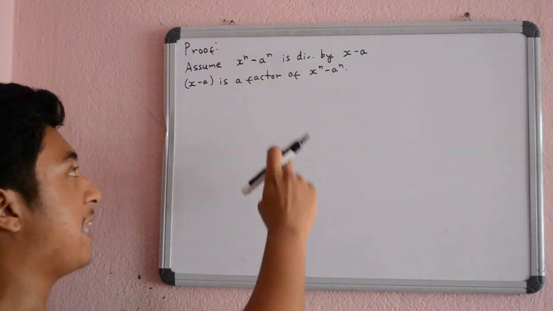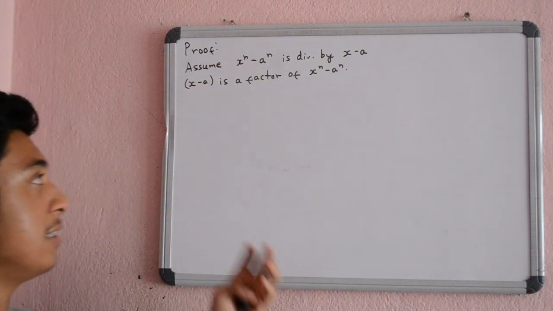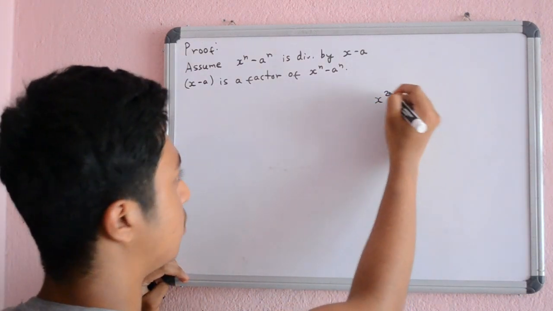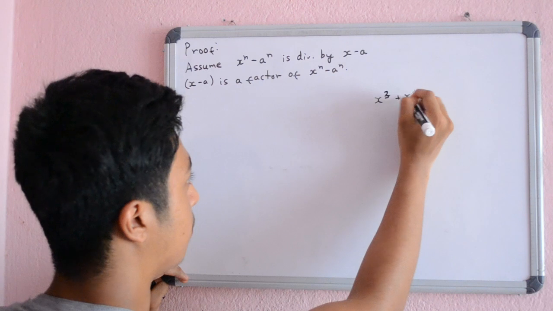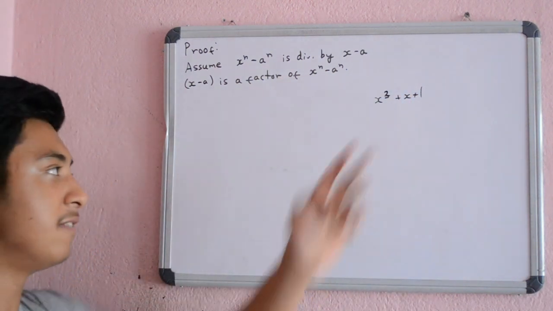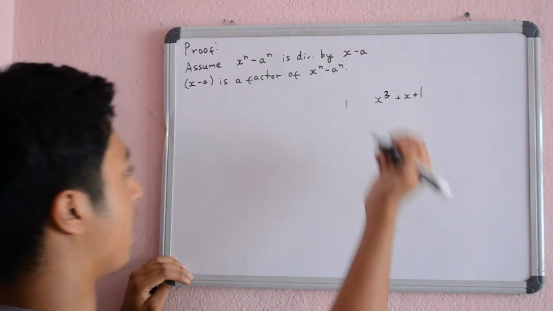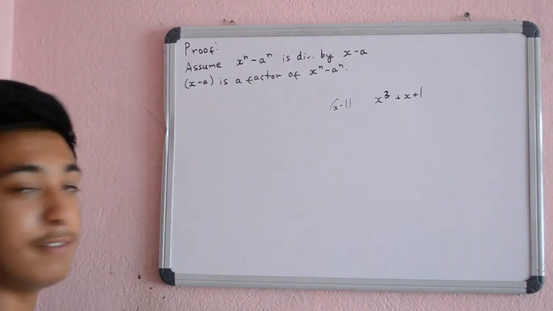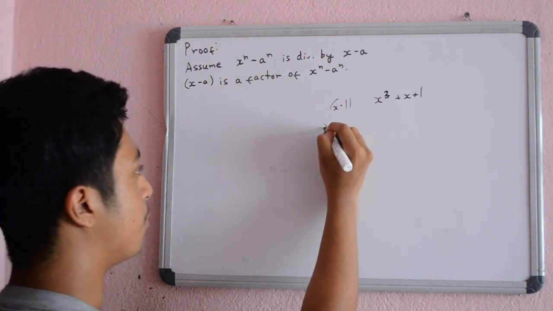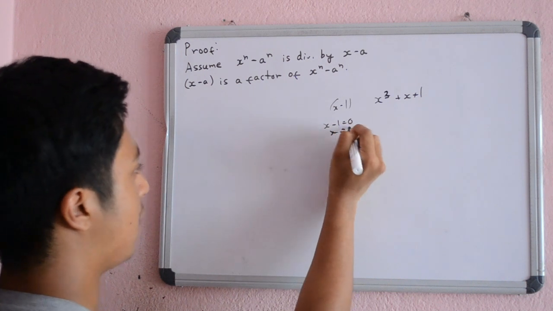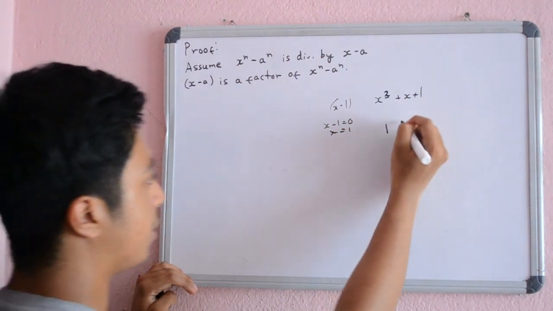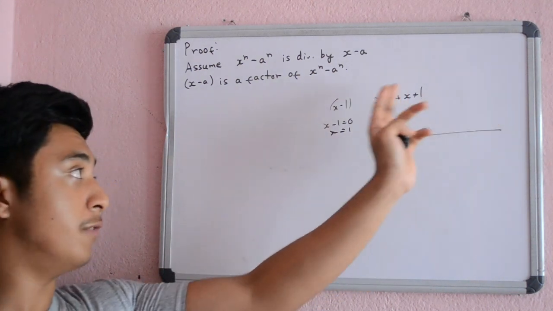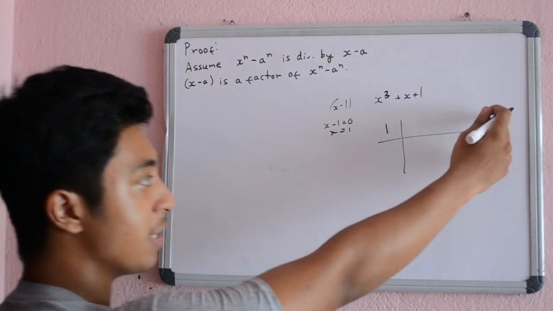expression like this. There is x to some power missing in that expression. So let's take an example, x cube plus x plus 1. So how do you do synthetic division? Let's say you took x minus 1, and here for the synthetic division what you do is you put x minus 1 equals to 0, x equals to 1, and then you put 1 here like this, and write the powers of x from increasing to decreasing order, and in the end you have a constant.